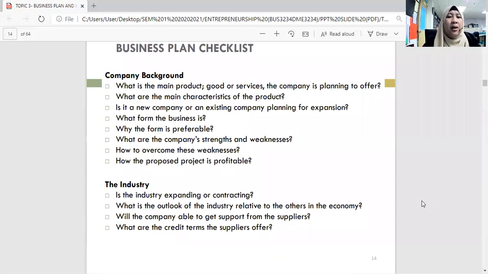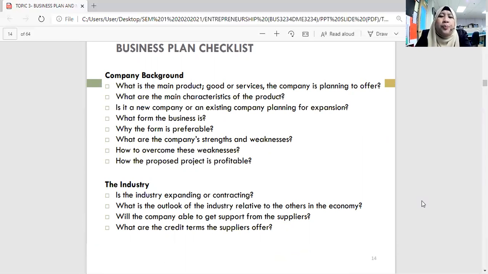And for the company background, what is the main product? You have to explain about the product, what you are actually doing for your business, and what are the main characteristics of the product. You have to mention it specifically, because people read your business plan, right?